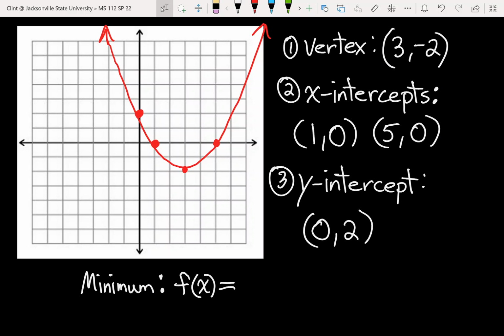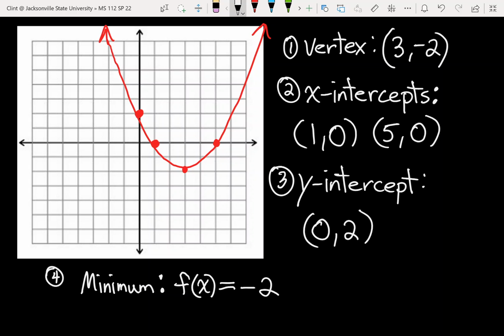Remember, the actual value is the y-coordinate. We've already got the vertex picked out. It's (3, -2). So the minimum happens at x equals 3, but our minimum value is -2. That's like number 4 there.